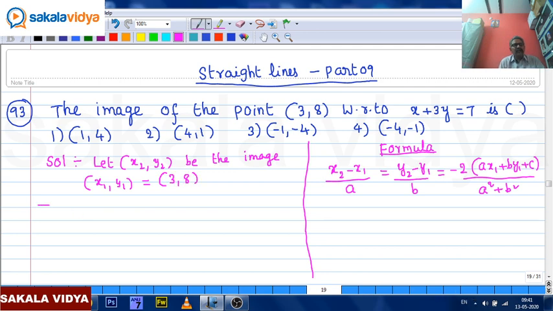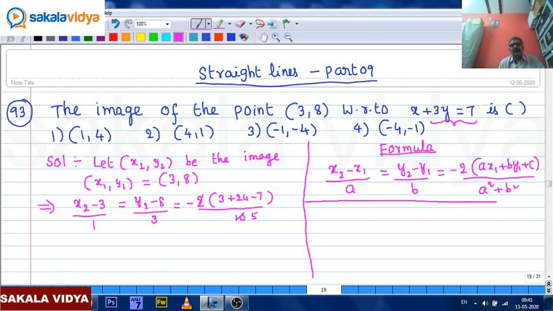So, that implies (x2 minus 3) by a, which is 1, next (y2 minus 8) by b, the y coefficient 3, equals minus 2 times: in this line substitute 3 comma 8, 3 plus 24 minus 7, upon a square plus b square. A is 1 square, this is 3 square, 9 plus 1, 10.